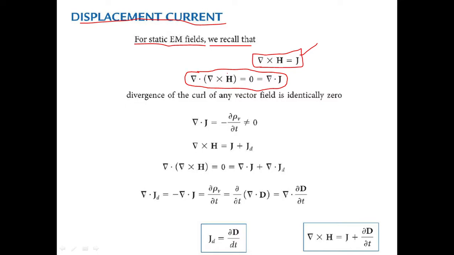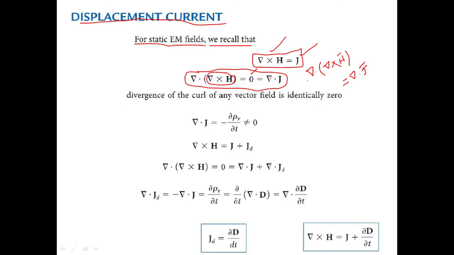So here we have curl of H vector. If you take divergence of this curl, the answer will be 0, right? So what we'll do, you take this equation, you take divergence on both the sides. So what do you get? Taking divergence on both the sides, we get divergence of curl of H vector will be equal to divergence of J vector.